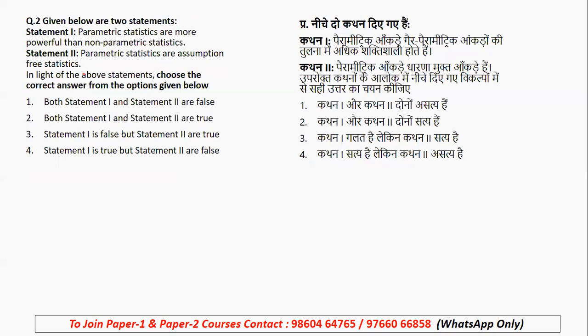Now we are getting question number 2, which is given as a statement question. There are two statements. Statement 1: parametric statistics are more powerful than non-parametric statistics. The question is on parametric statistics, or you can say tests. Statement 2: parametric statistics are assumption-free statistics. You have to tell whether both statements are true, both false, or one is false and the other is true, and vice versa.